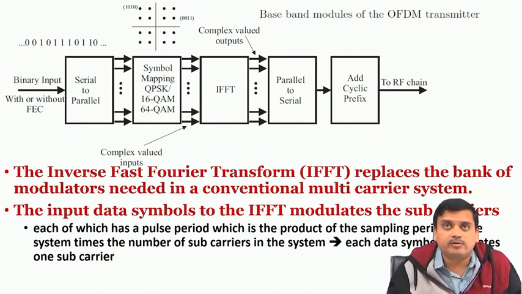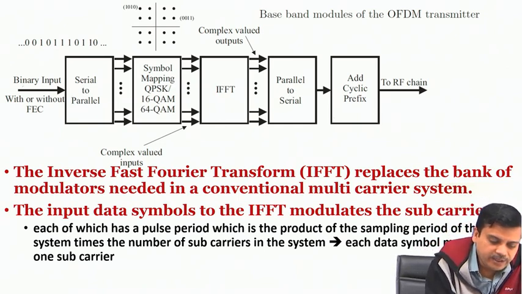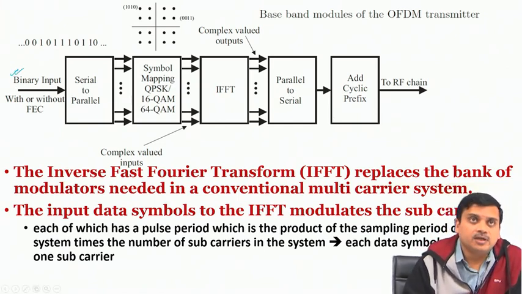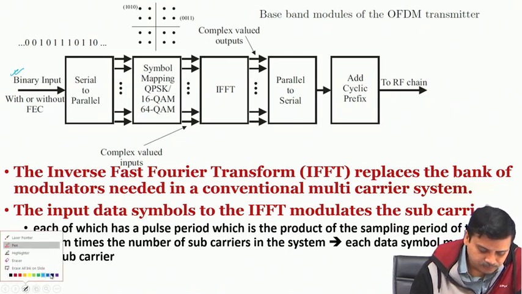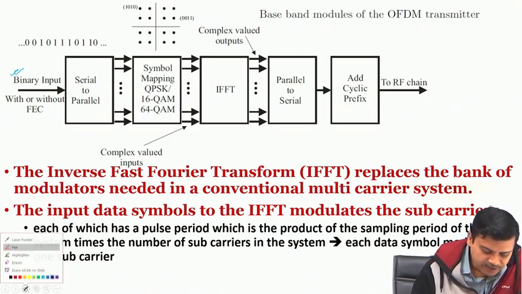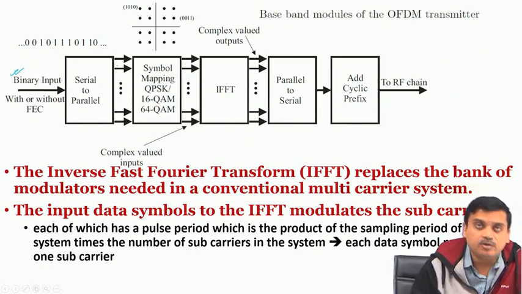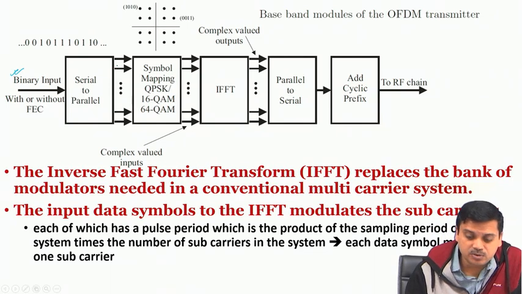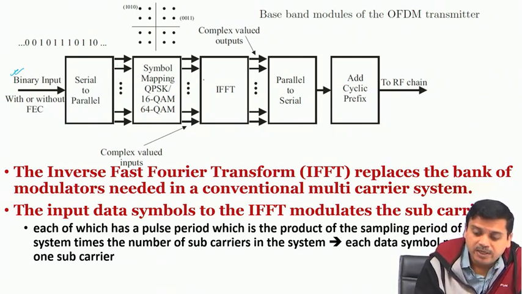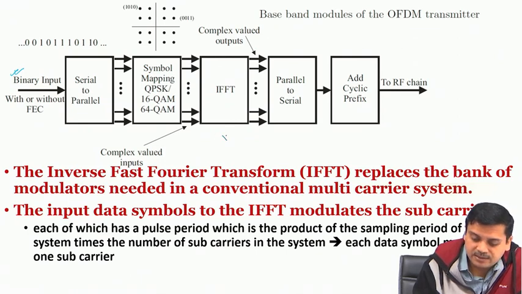It is very important to understand the structure, because this is something which will be used throughout. So, there are binary input bits which are coming in at this point, and these binary bits are a sequence of zeros and ones which are converted from serial to parallel. Now, why it is done so will be clear once we look at it. So, here if we look at the output of OFDM, what we have is x_k e to the power of j 2 pi f_k t, right.